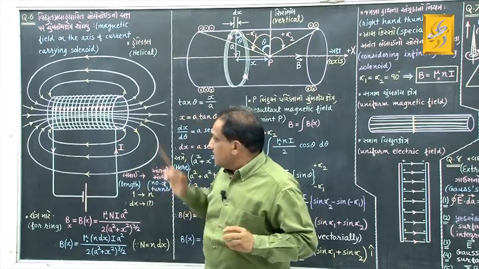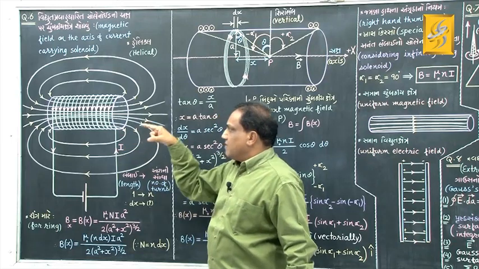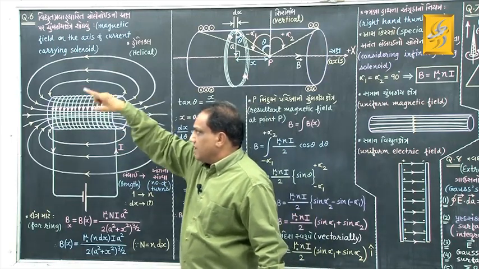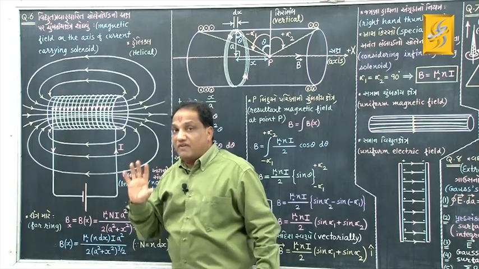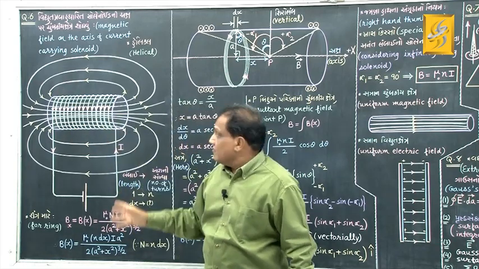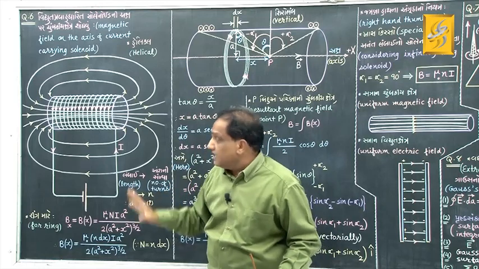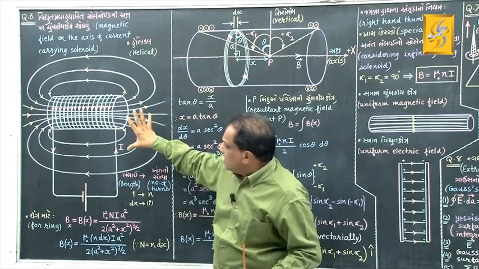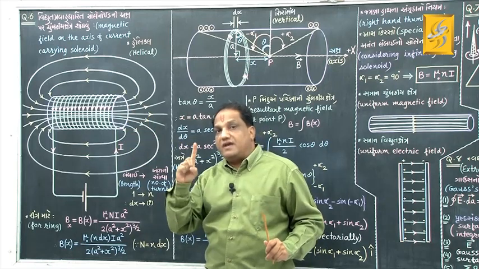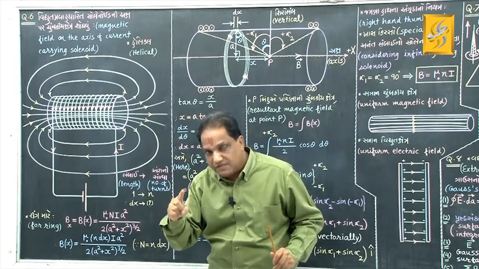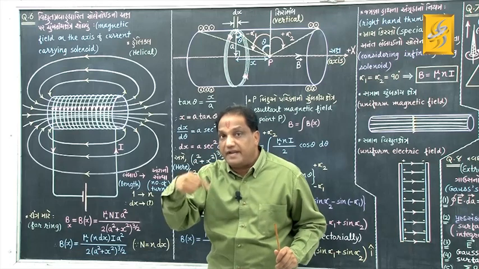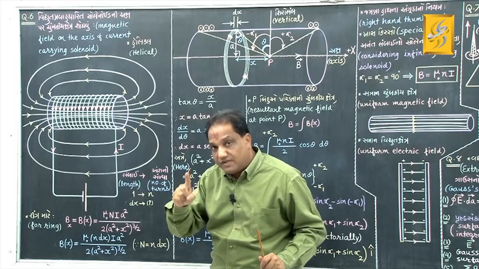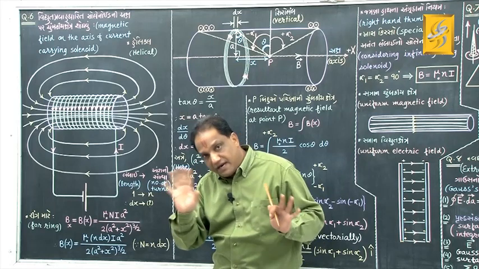When you pass the current in this manner, at that time the magnetic field arises here, with magnetic field lines taking turns as per the diagram. A similar magnetic field we find around a bar magnet. That is what you will be taught in the next chapter. So this magnetic field and the magnetic field surrounding a bar magnet are identical.